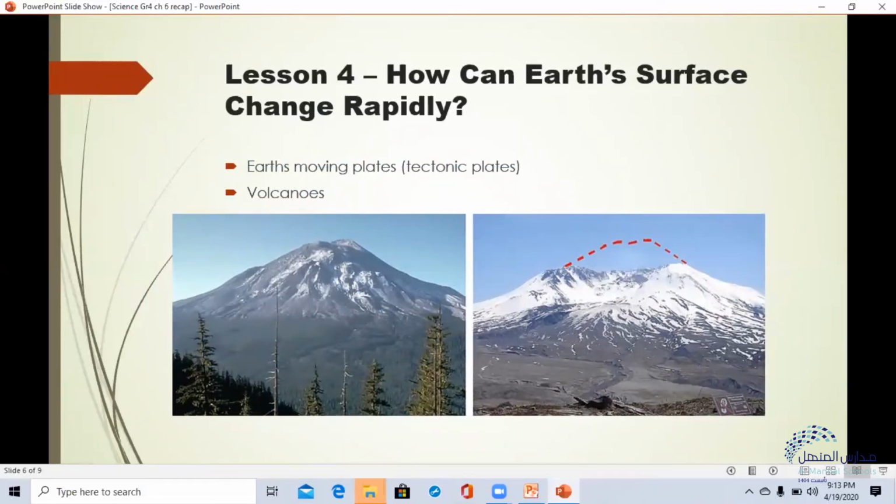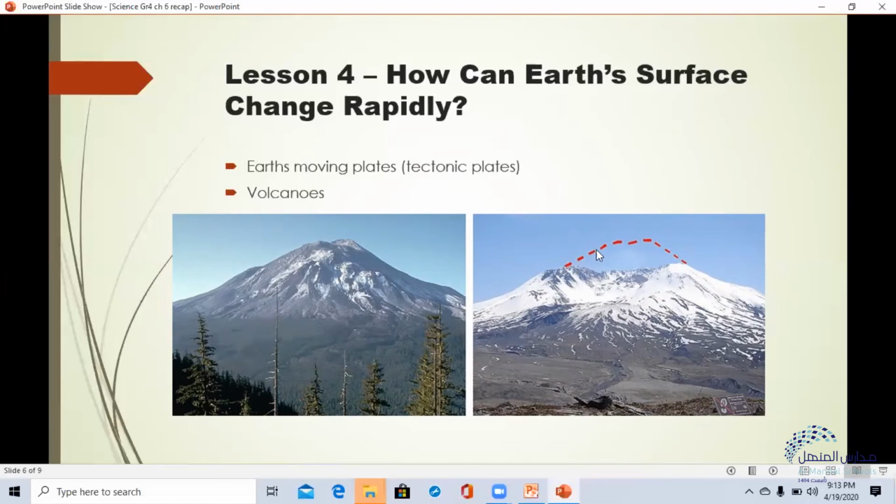Now, there's a lot of things that can happen. We can see that all these trees in Mount St. Helens in the 1980s were blown away by the sheer velocity of the molten ash and rock that was shot out by this volcano.